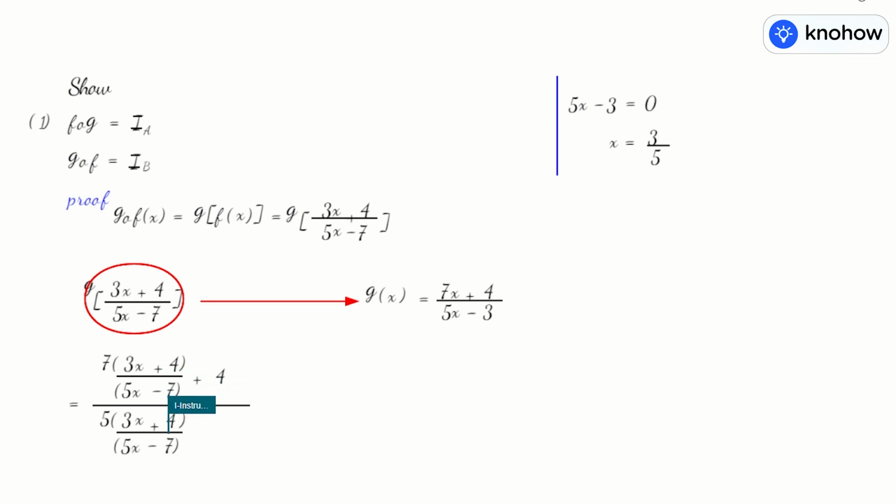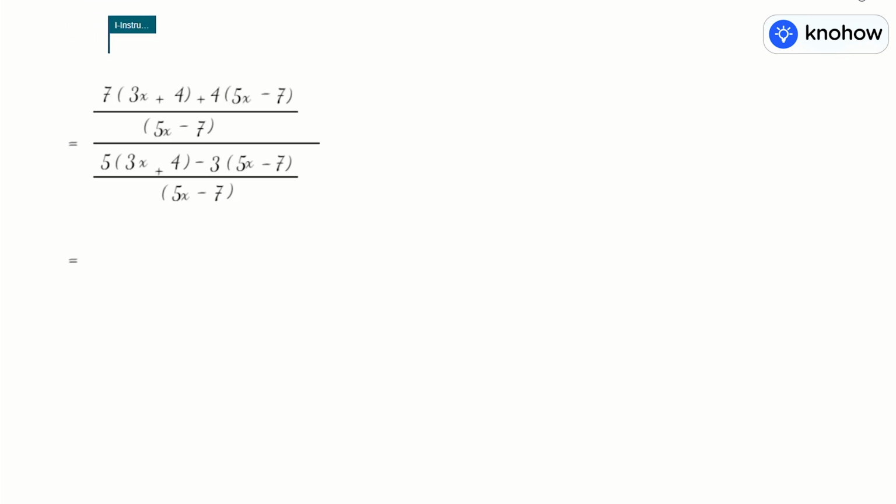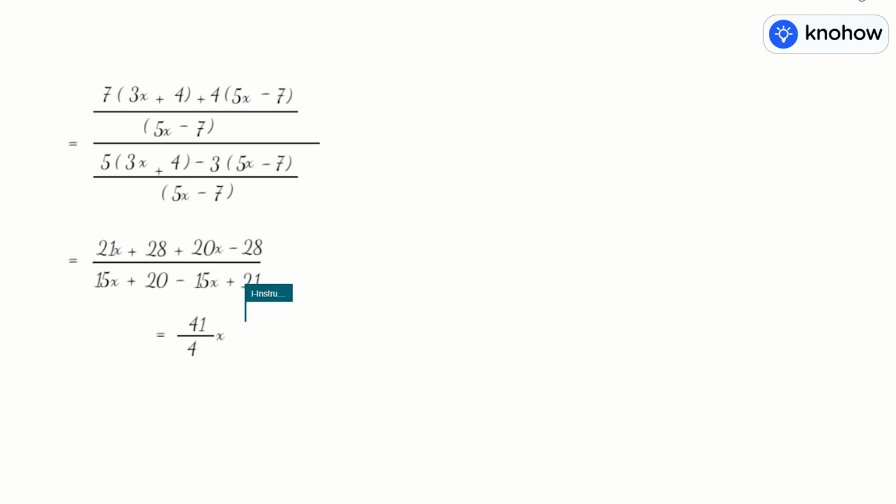You take LCM in numerator and denominator and cancel and work out. You know all this. Take one or two more steps. I'm sure you can do it and you will get 41x by 41. 41 and 41 cancel. You get x.